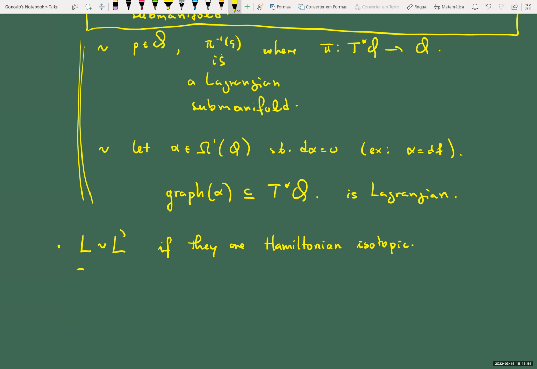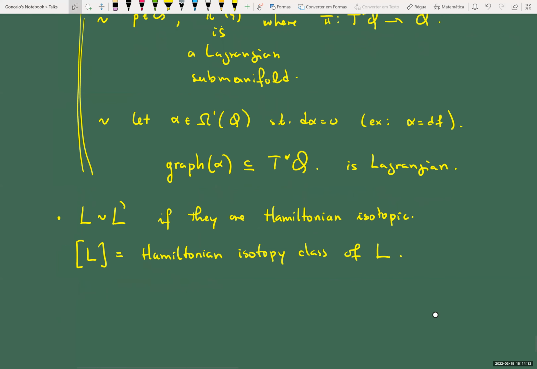And I'm going to denote by [L] the Hamiltonian isotopic class of a given Lagrangian L. So it's the equivalence class under this equivalence relation.